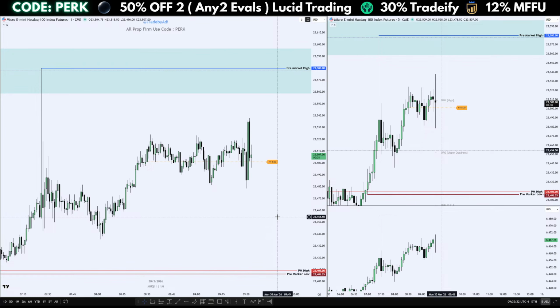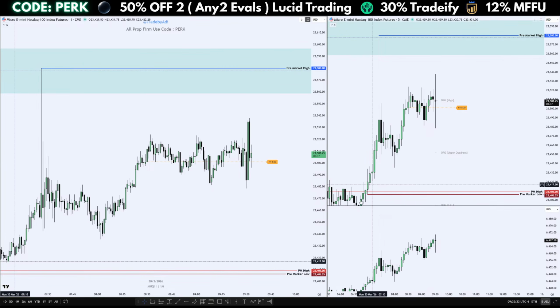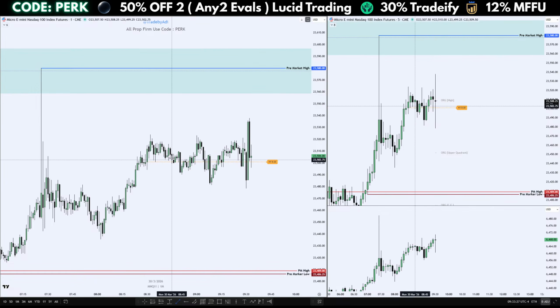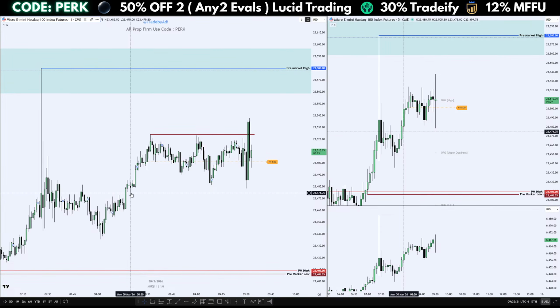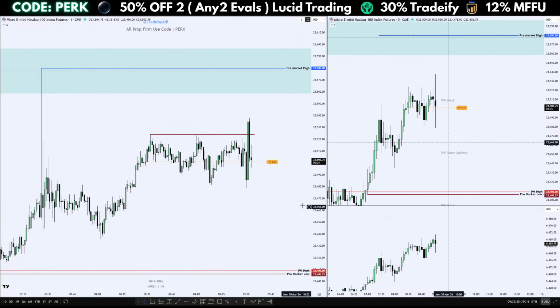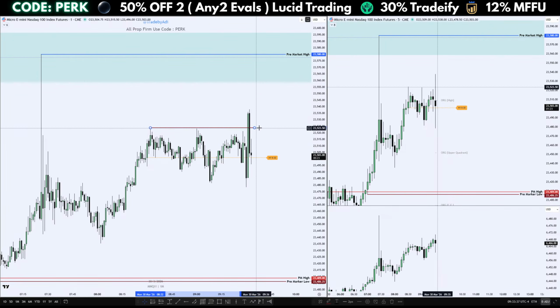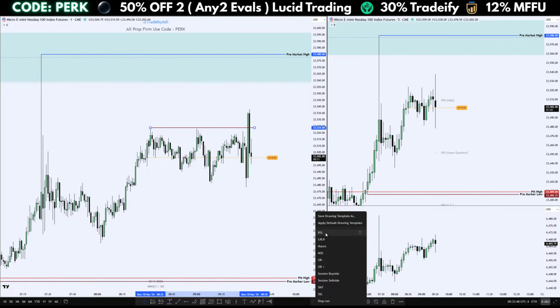We have not created any displacement after the 9:30, okay, and we have taken out this equal high, this two equal high, this buy side liquidity.